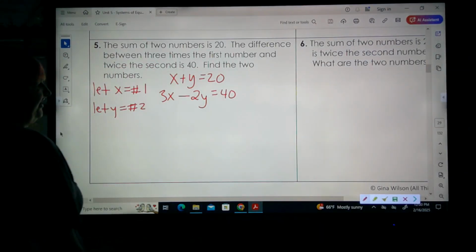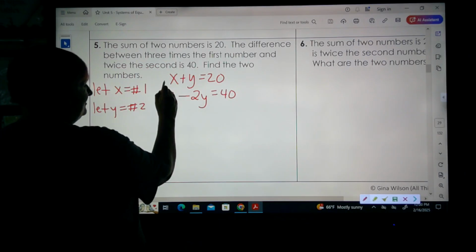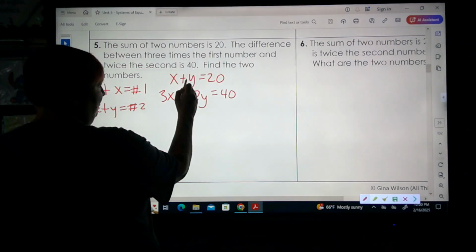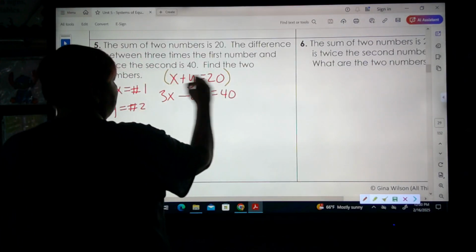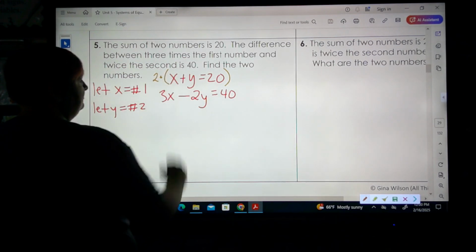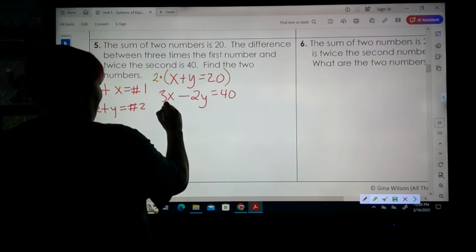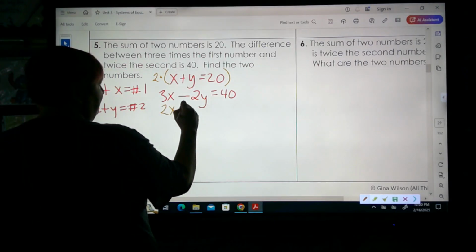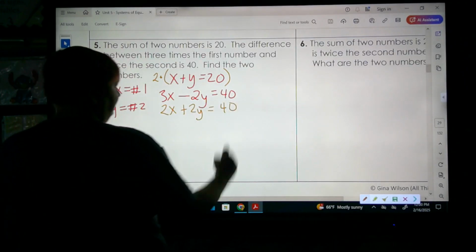Alright, we can either make this a negative 3x, or we can make this a positive 2y. I'm going to make this a positive 2y by multiplying times 2. So we have 2x plus 2y equals 40.